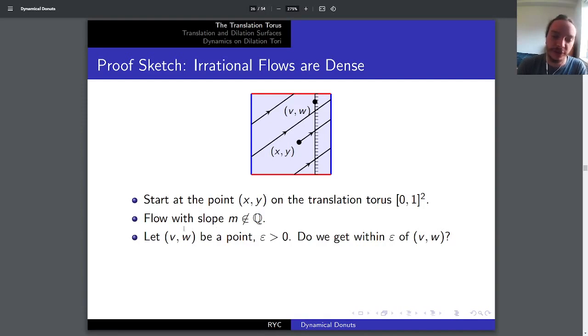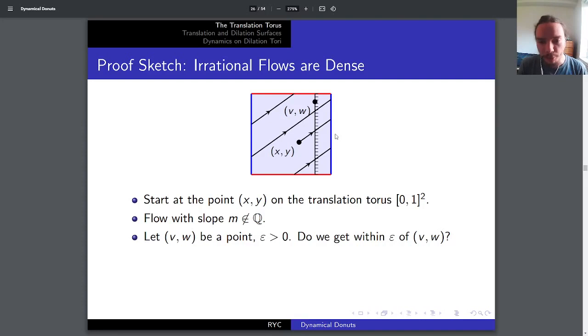So we'll pick a point vw, we'll pick an error epsilon, and we want to know if we ever get within epsilon of vw. So you can imagine a little circle around vw with radius epsilon, and we want to know if our line ever intersects that circle. And if it does, then, well, we can make epsilon smaller and smaller, and we can say that over time our flow will keep getting closer and closer to vw. Okay?